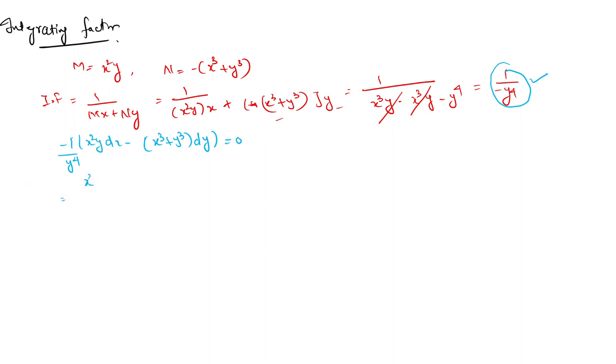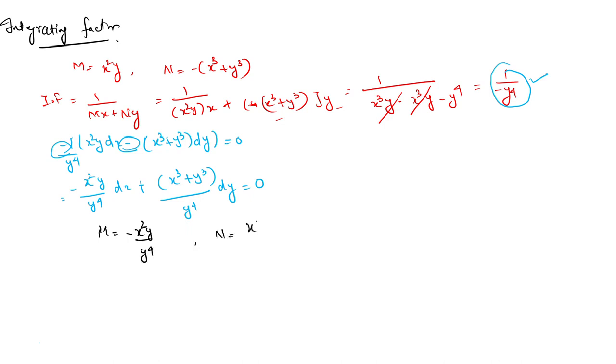Then we will see x²y over y⁴ dx minus x³ plus y³ divided by y⁴ dy. This negative and this negative will give you a positive dy. Now this is the value of our M and N.